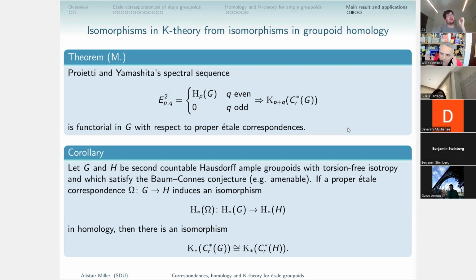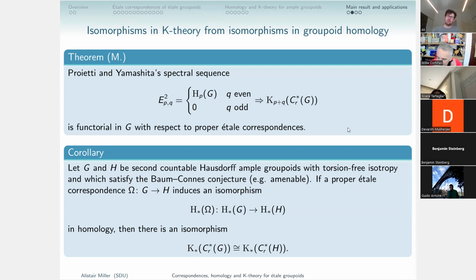Anyway, one way you can get a Chern character for groupoids, or under any circumstances, is you compute the cyclic homology. And then there is the Chern character, the Jones-Kassel Chern character. And that's it.